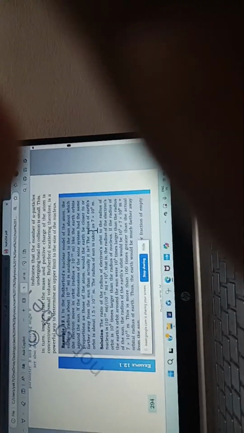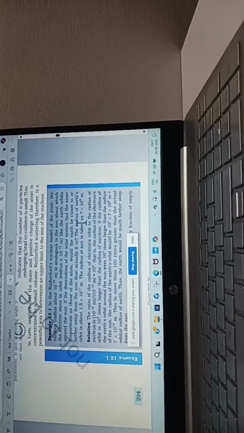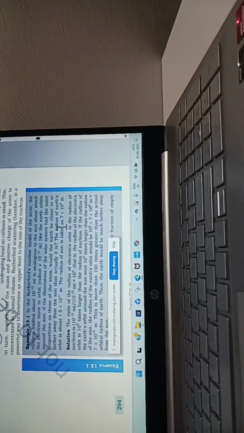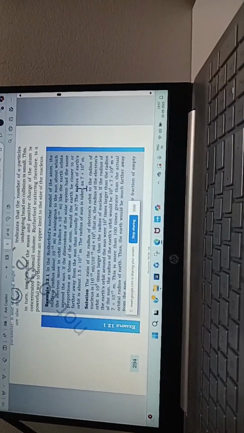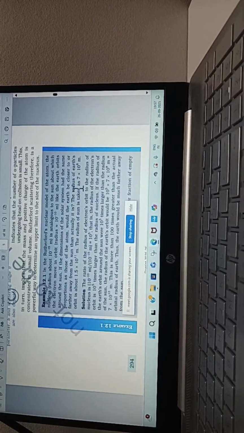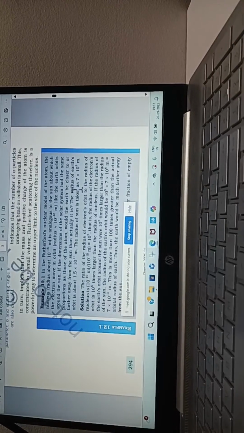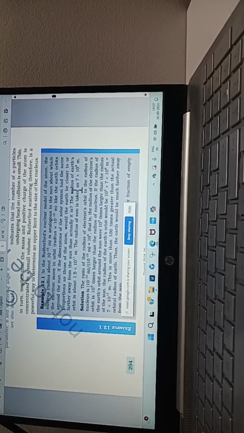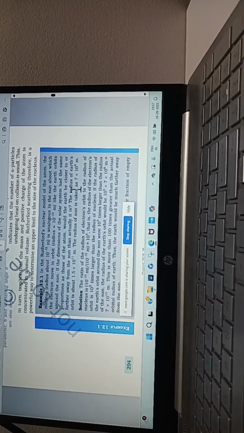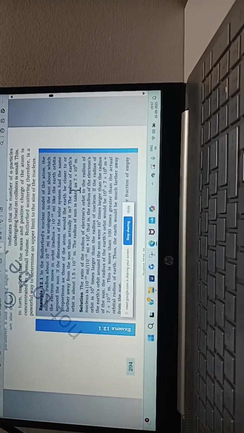Correct. That distance is called the size of the nucleus. That is approximately calculated as 10 to the power of minus 14. That is also called 1 Fermi, which I told you already. Fine now? Yes, sir.